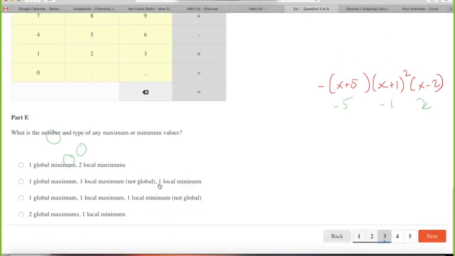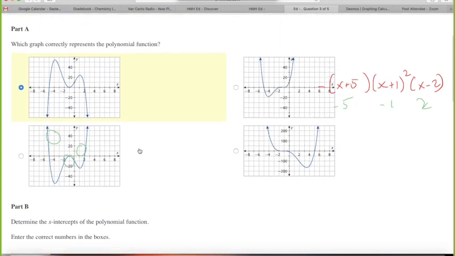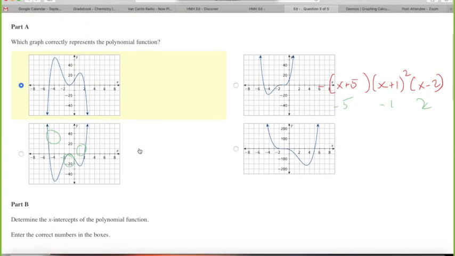What is the number and type of any maximums or minimums? This is where it gets fun, a little bit different than what we've had. So we've got, we'll go with red, a global maximum, a local minimum, and a local maximum.